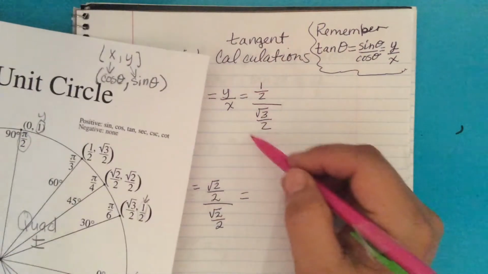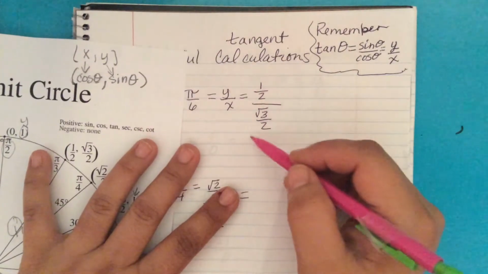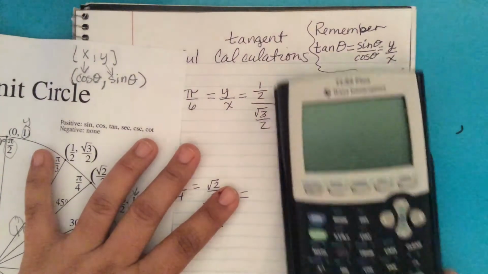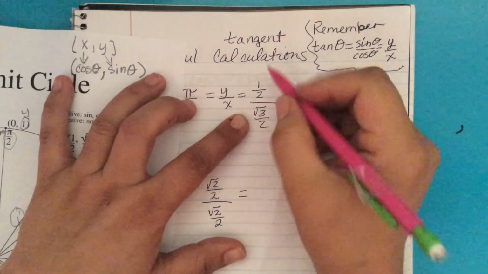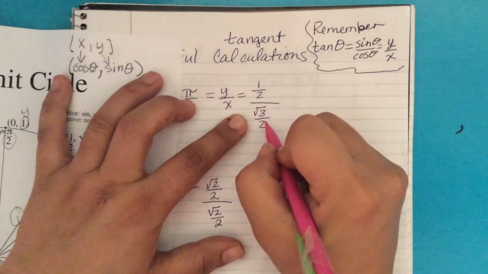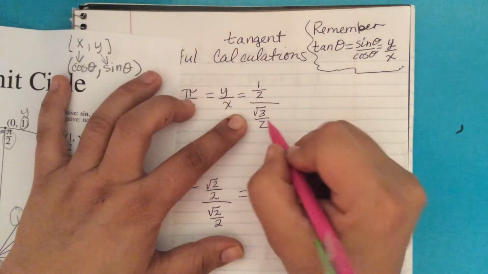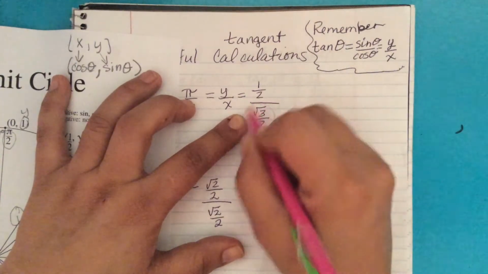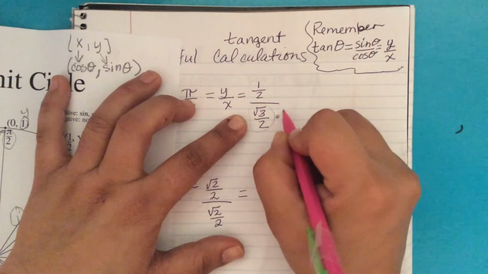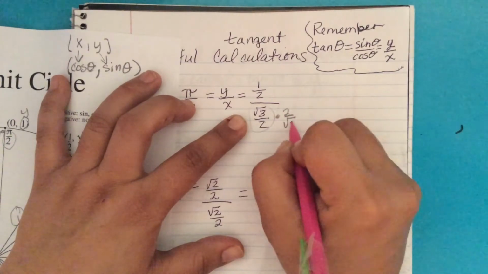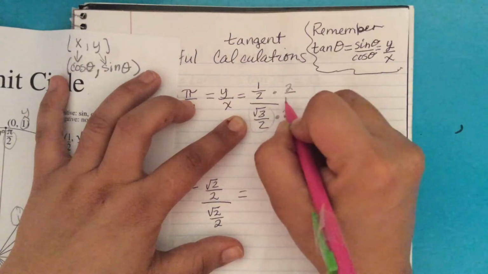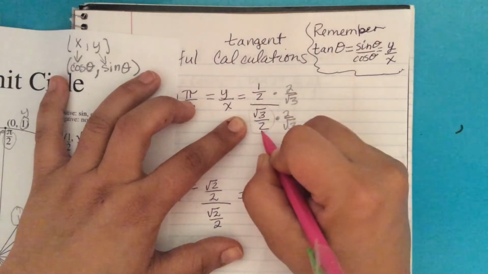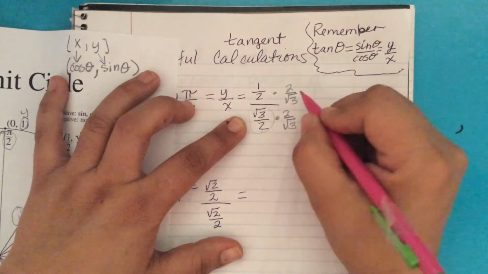Now I'm going to simplify this mess, because this is pretty messy, but you cannot use the calculator over here because you have a radical. Whenever you divide a fraction by another fraction, you really multiply by the reciprocal of the denominator of this fraction here. So we're going to multiply by the reciprocal on the top and the bottom. The reciprocal of square root of 3 over 2 is 2 over the square root of 3.